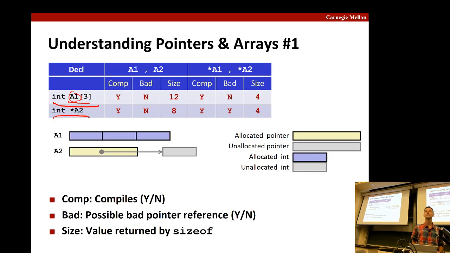All right. Other questions on that? So A1 is stack allocated, right? Yeah. So this will be stack allocated, and then if you call malloc or something to actually allocate what things point to, then it'll be heap allocated.